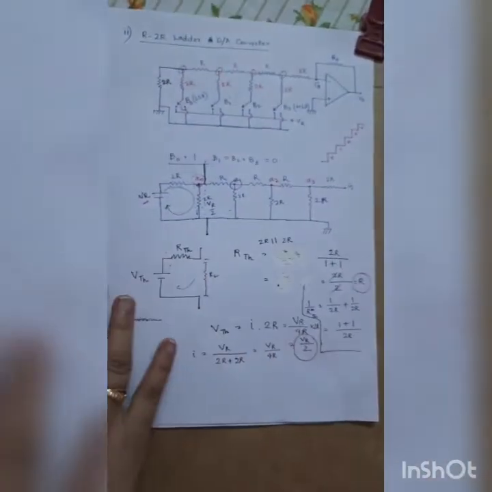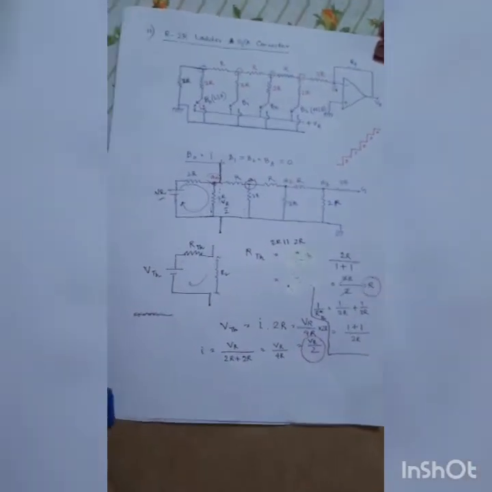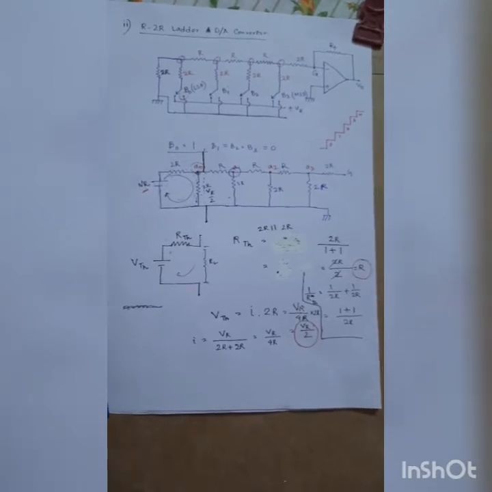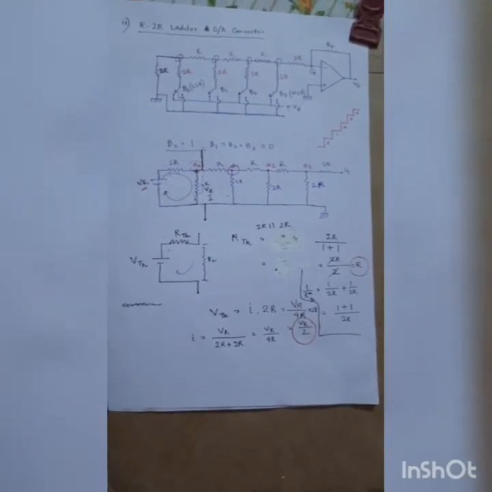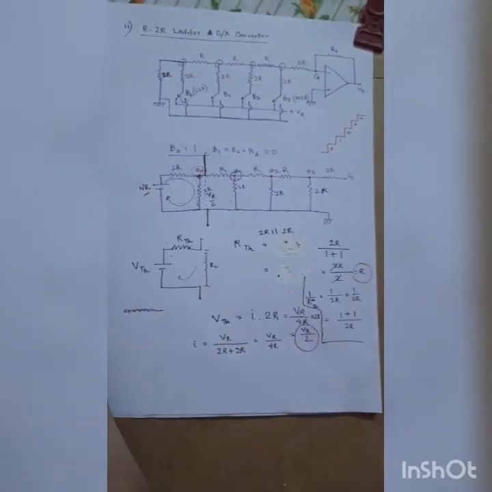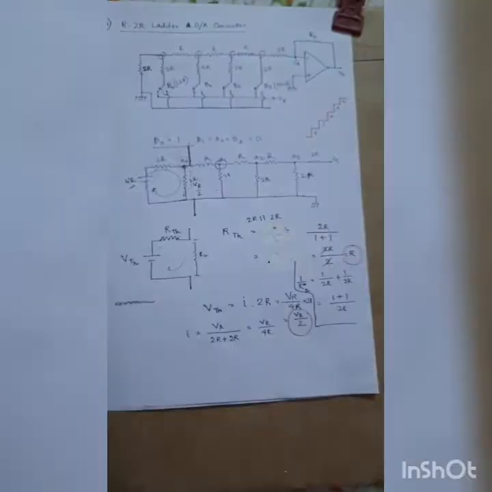So here we use the Thevenin theorem to calculate the equivalent voltage and resistance at these various points, and we'll gradually go up to the point G.